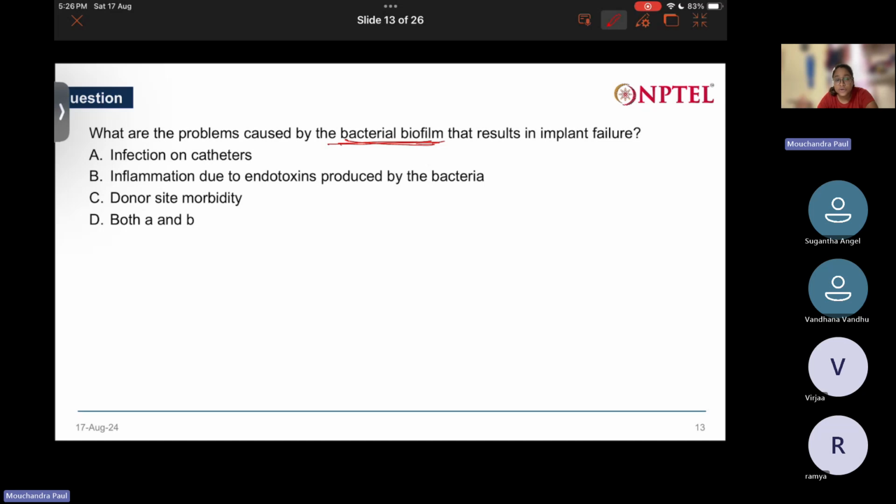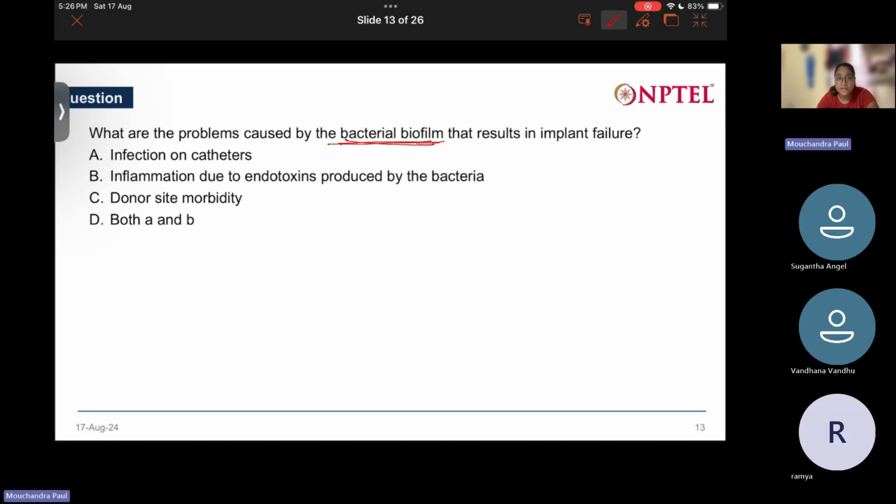Now in this case, when the bacterial film has formed, is it causing donor side morbidity? No, right? Yes, the site of the implant is getting affected because of inflammation and infection, but additional sites in the body are not getting infected.